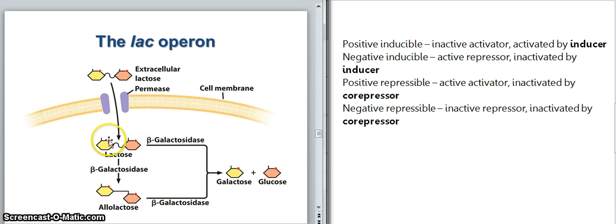Beta-galactosidase can also break lactose down into allolactose, which can then be broken down again by beta-galactosidase into galactose and glucose. So beta-galactosidase can convert lactose directly to galactose and glucose, or it can do it via allolactose. The lac operon also encodes a gene that makes the permease protein, which is a membrane transporter protein that helps get lactose into the cell.